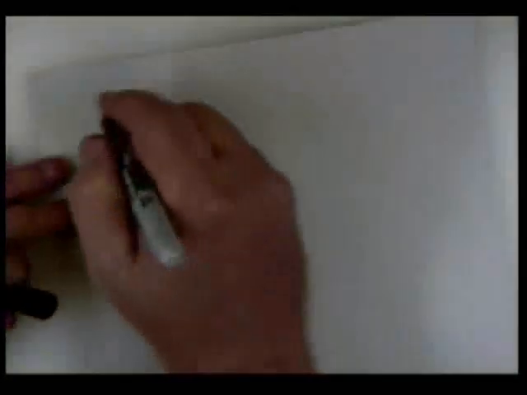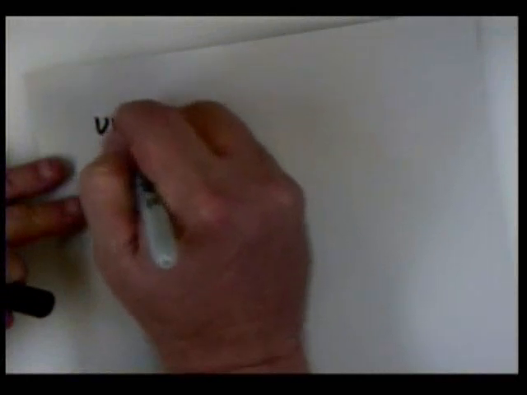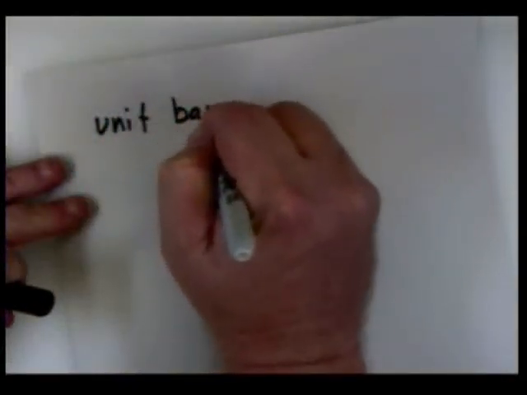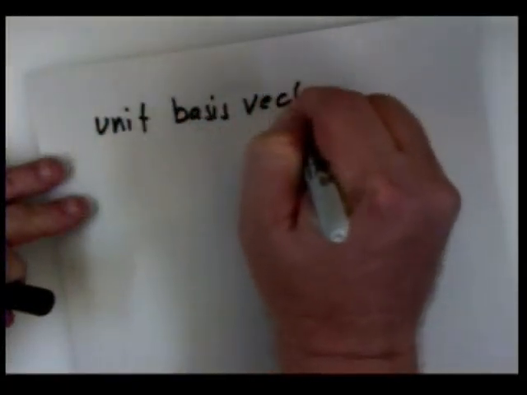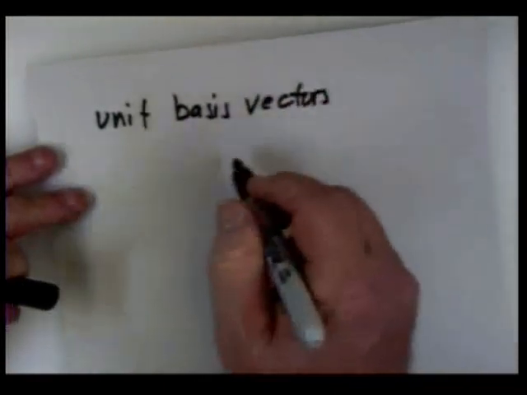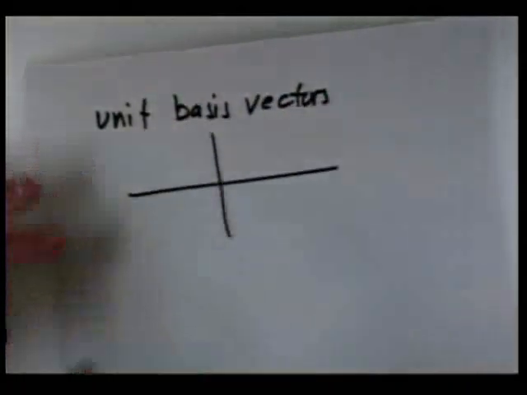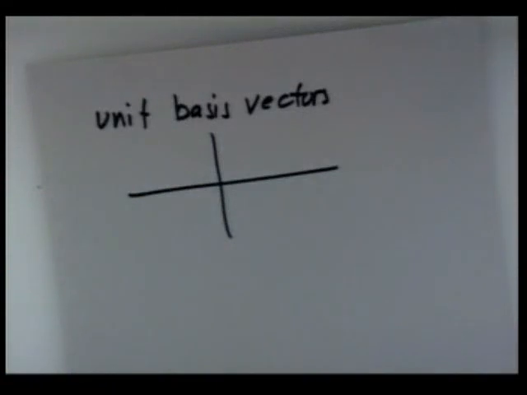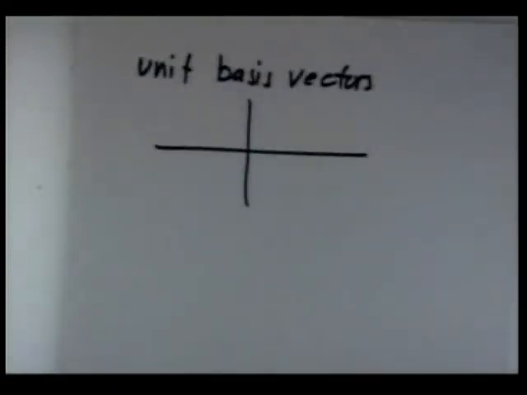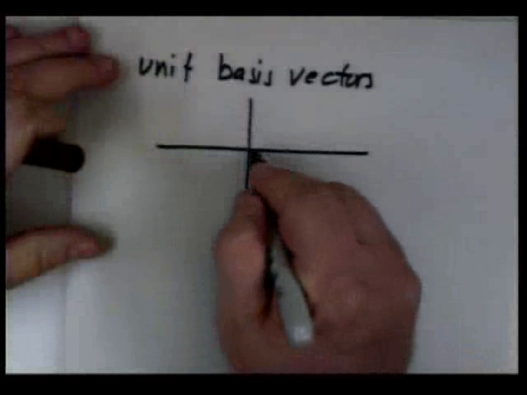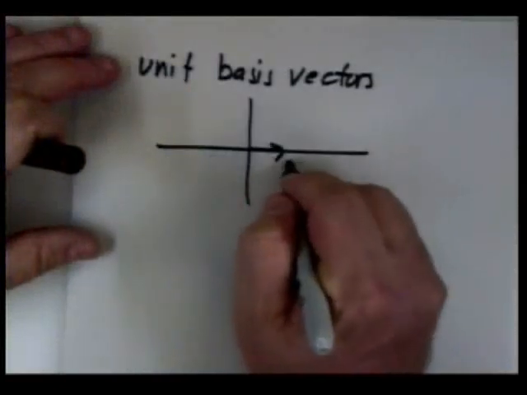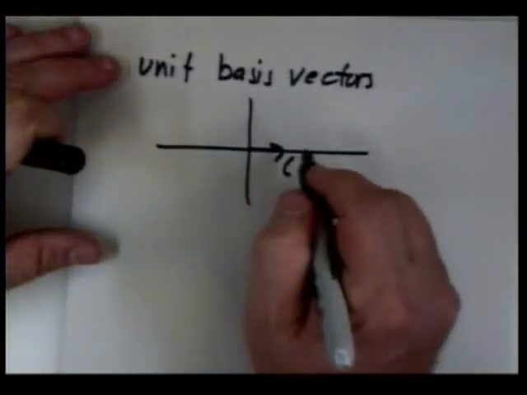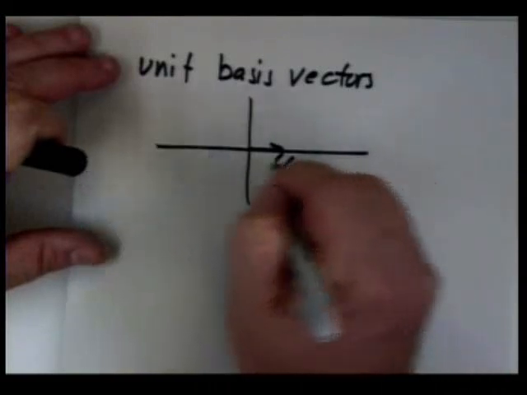Now let me tell you about some things called the unit basis vectors. There's two of them. Well, in R2, or two-dimensional space, there's two of them. There's three of them if you go to three-dimensional space. i is the vector that begins at the origin and ends at the point (1, 0).